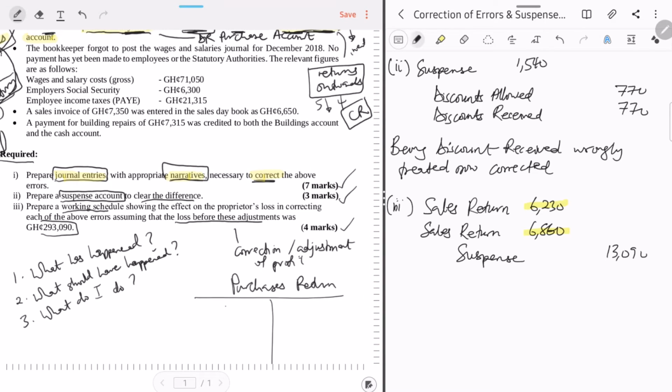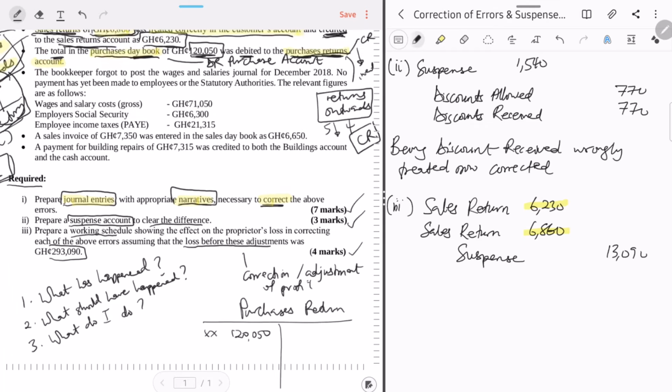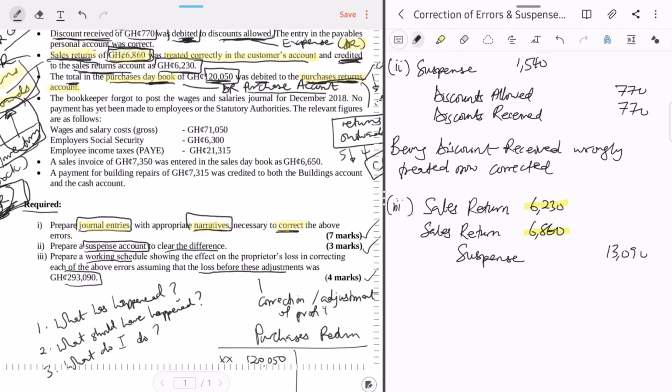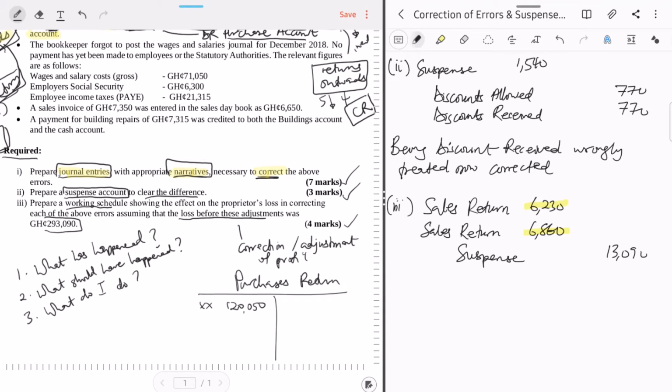So I'll see 120,050 here with a description. This figure doesn't belong here. It should be in the purchases account proper, not the returns account, the purchases account, which shows how much I have purchased. So what do we do? First step is, as we've been doing so far, enter a corresponding entry here, 120,050, so that you now cancel this one to make it 0.